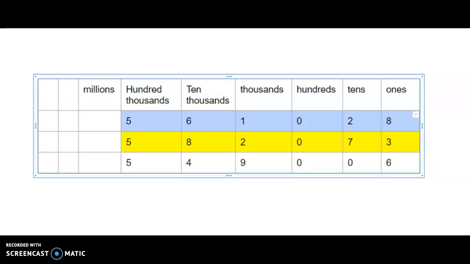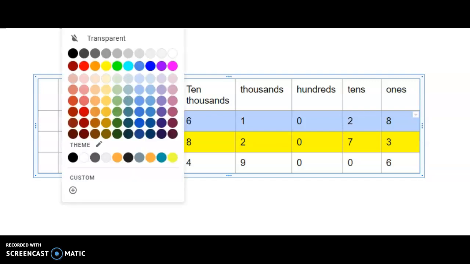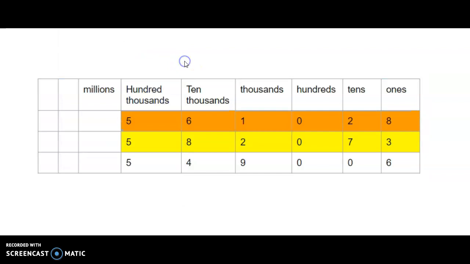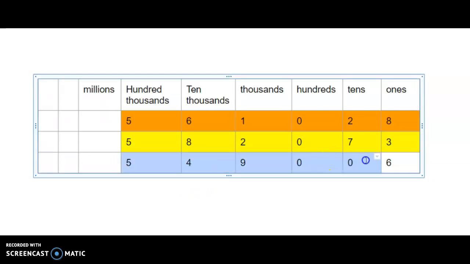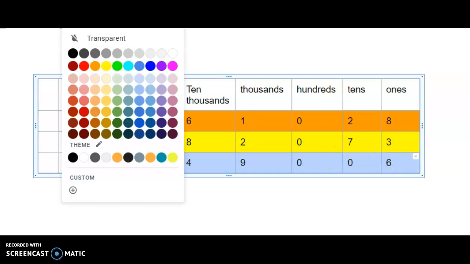Let me add some color there. And then that tells me that this one is the least, the smallest one, because it has a 5, but the next number in the 10,000s is a 4. So then this one right here is going to be my least number, the smallest one that I can see.